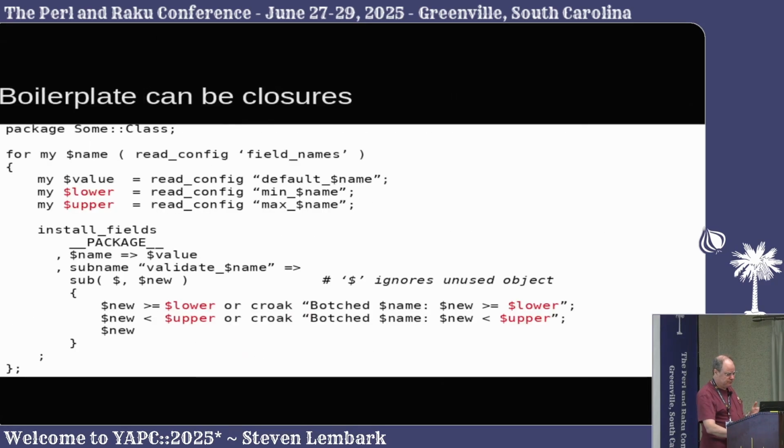Now what I say is, if you want to assign anything new, I'm going to start by asking, is the new value greater than or equal to my lower and less than my upper? Otherwise, I'm going to croak. Otherwise, I return the new value. Again, this can come out of a database, config file, whatever you like, but I now have a class whose limits I can dynamically instantiate.